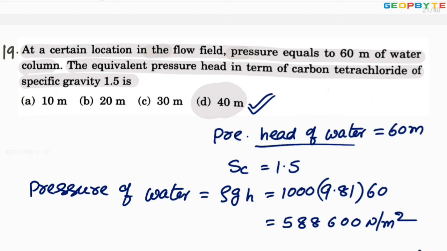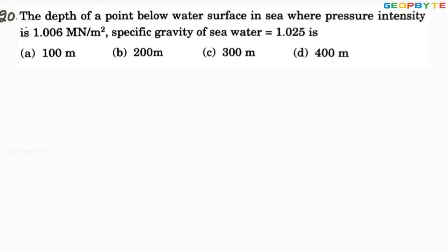Let us take the last problem. The depth of a point below the water surface in sea where the pressure intensity is 1.006 meganewton per meter square.